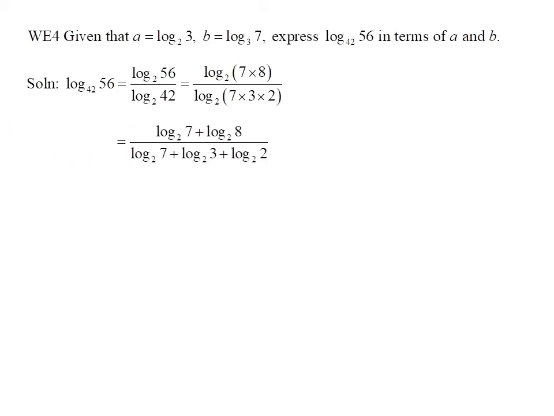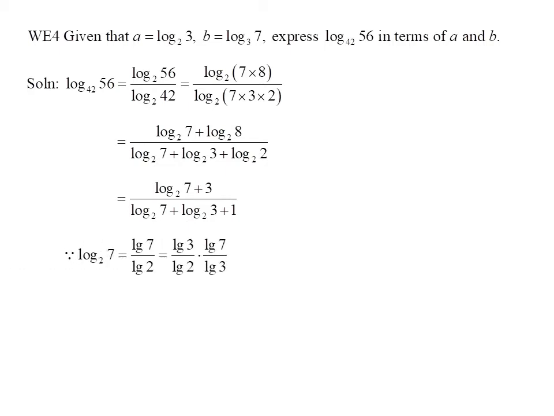However, it can be further simplified to the quotient of the sum of logarithm base 2 of 7 and 3 to the sum of logarithm base 2 of 7 and logarithm base 2 of 3 and 1.